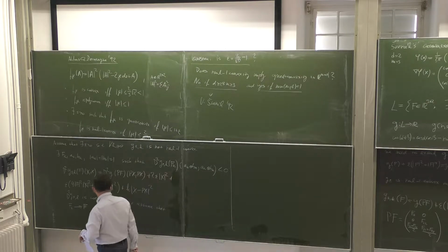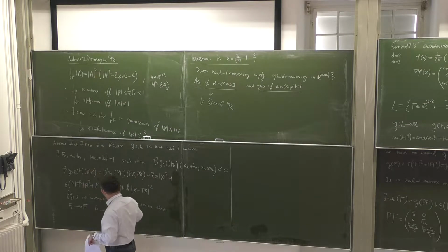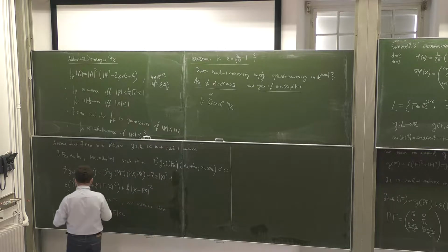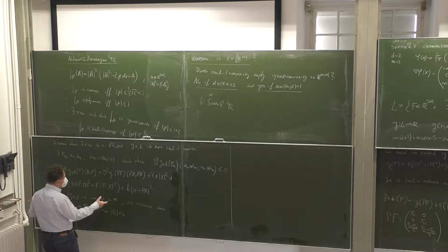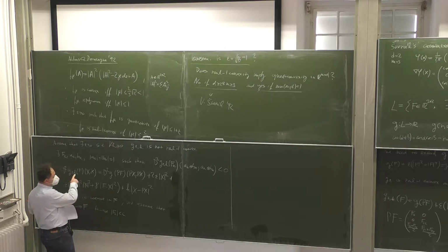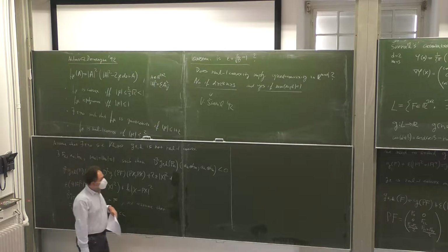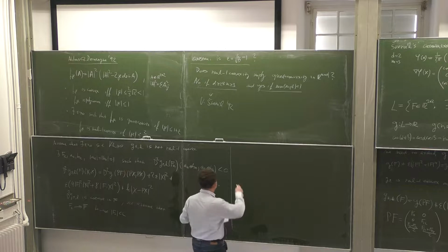So now what I see is, if I take k larger, if I take k1 and k2 such that k2 is larger, then this second Hessian will also be larger, evaluated at x.